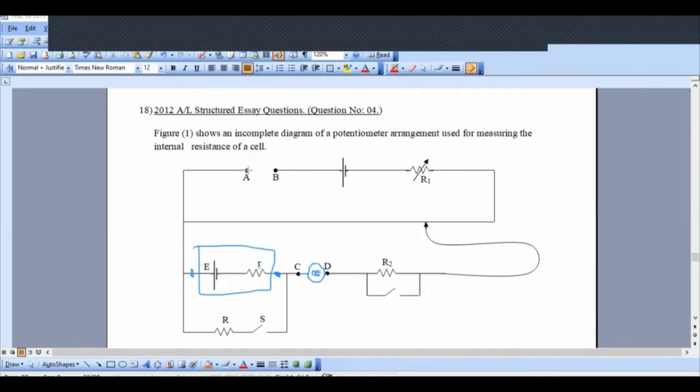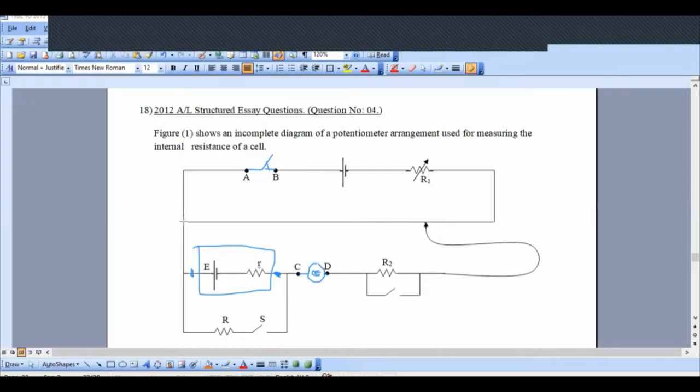Therefore, to connect A and B, we have to use a switch. There must be a switch. Sometimes they use the term switch, sometimes they use the term key. Switch or key, same meaning. So A and B should be connected by a switch, then only current flows to the potentiometer wire.